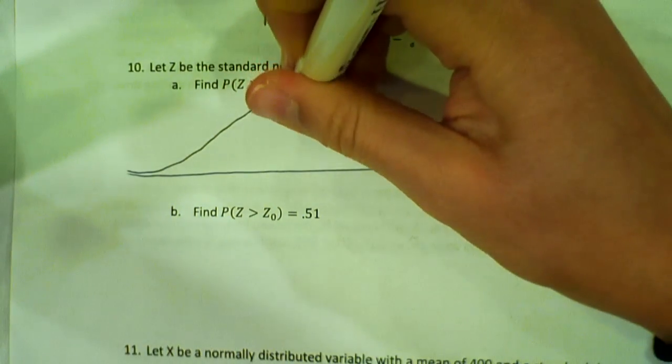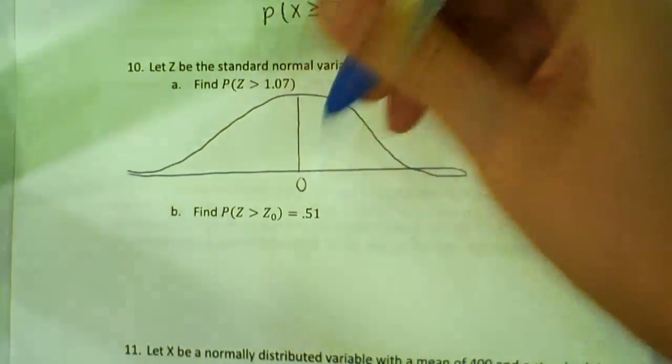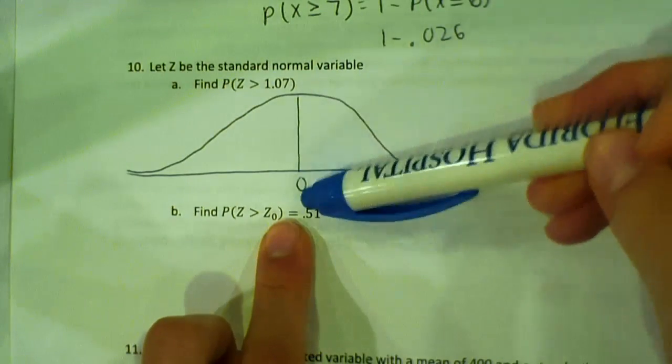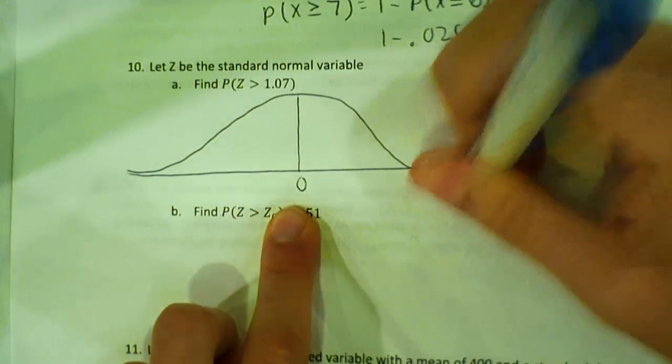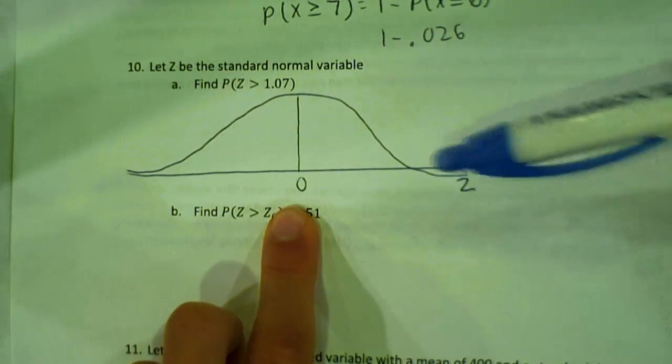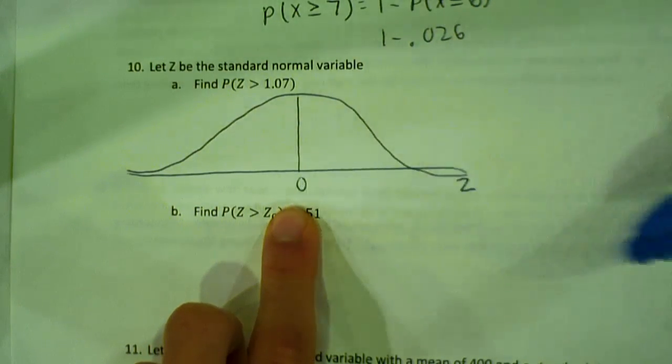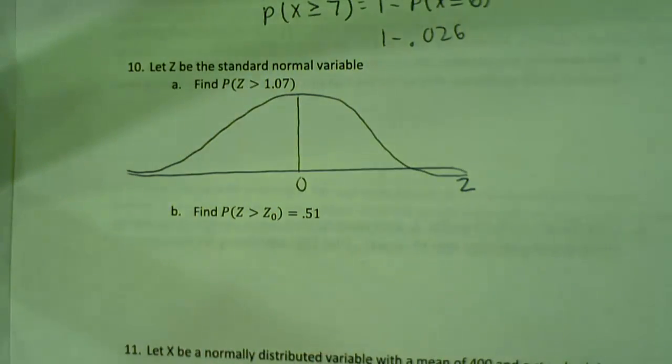And again, we went over this before. The median, the mean, it's right in the middle. And the z-score of the mean is always 0 because the z-score represents the number of standard deviations away from the mean. If we're at the mean, nothing is going to be deviating.